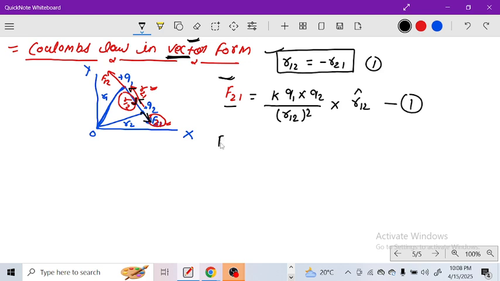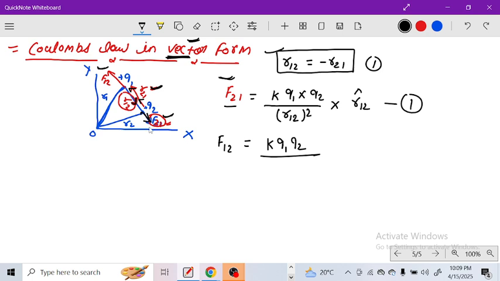Okay, and find F12, Kavya. So what is F12? K q1 q2 by what is the distance for F12? Sir, R21. Okay, R21 is the distance of F12 and R12 is the distance of F21.